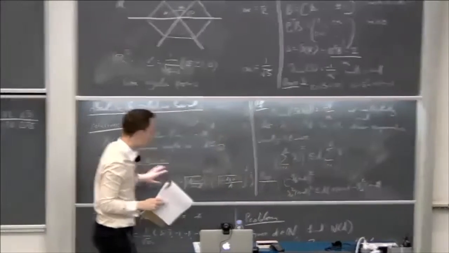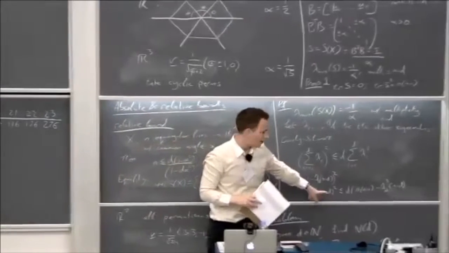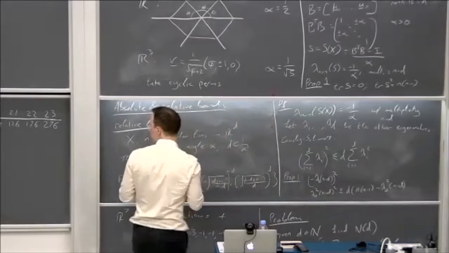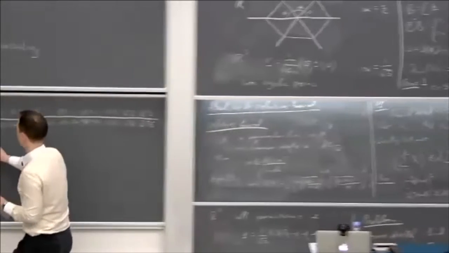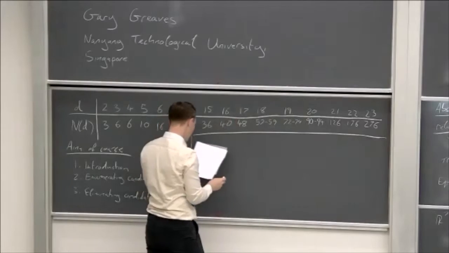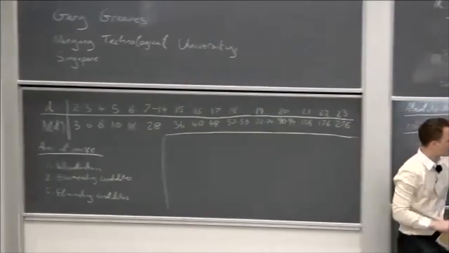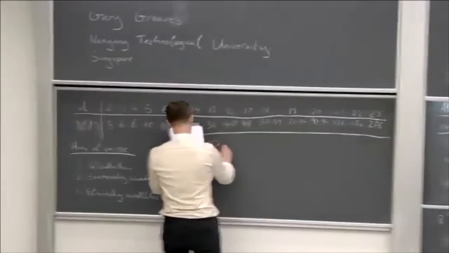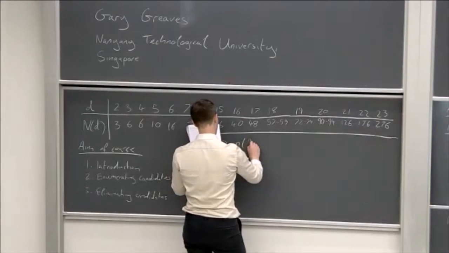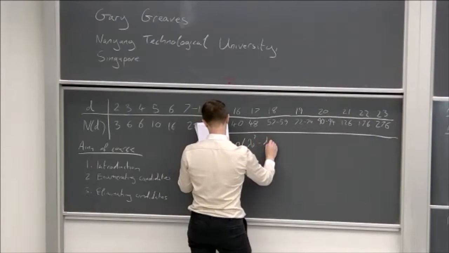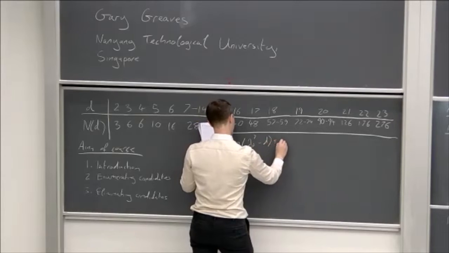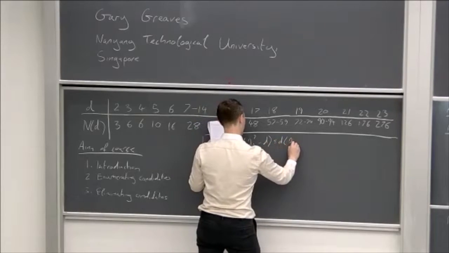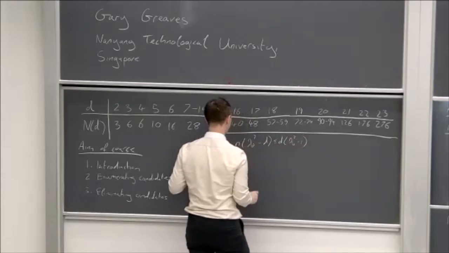To get the bound that we want, we just need to simplify this inequality. You can manipulate this yourself, and you'll end up with n times lambda 0 squared minus d is at most d times lambda 0 squared minus 1.